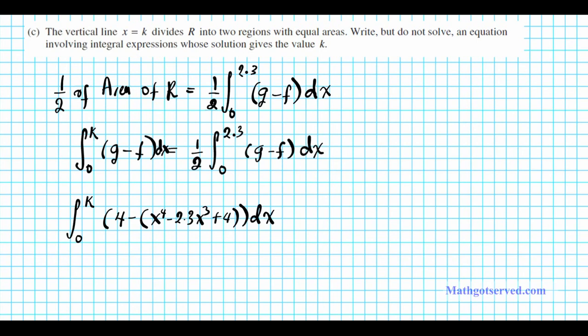Equals 1/2 of the integral from 0 to 2.3 of g, again, minus f, parenthesis x^4 minus 2.3x^3 plus 4, dx. So this setup can basically help you calculate what the value of k is, to ensure that when you integrate from 0 to k, you have the area that's equal to 1/2 of the area of region R. So that's that.